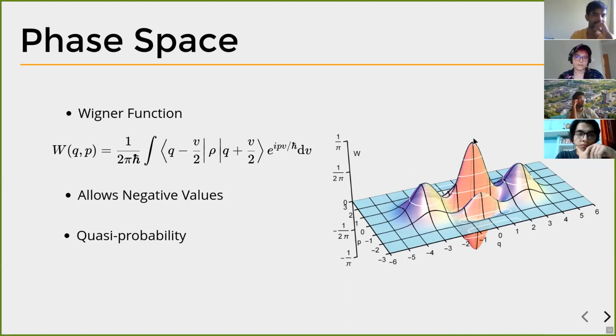But the cat states are very special, very unique. The whole set of Fock states is also very quantum-like. The Wigner function is nice because you can detect some kind of quantumness from the negativity values as well. It's not a bug, it's a feature.